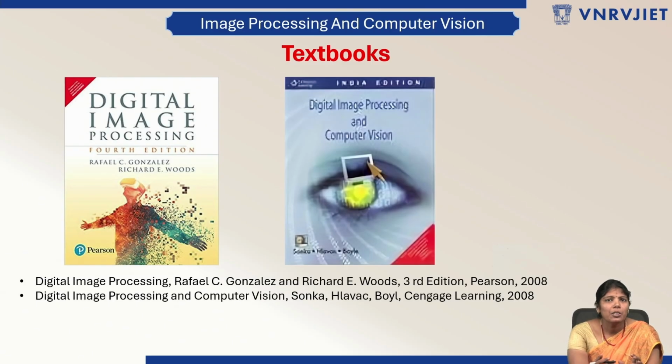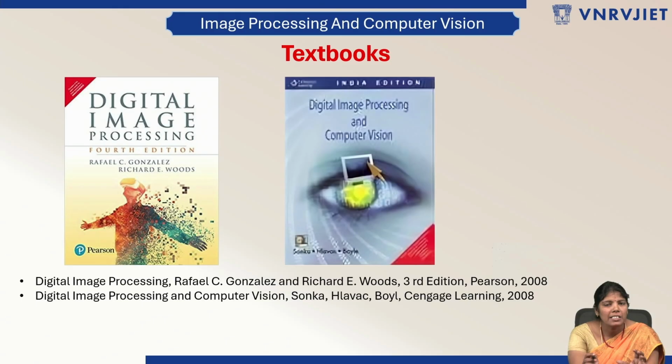I want to conclude what we have discussed so far. What is image processing, how image processing is related to computer vision, and what is an image. An image is an array or matrix consisting of pixels, and each pixel has its own value.